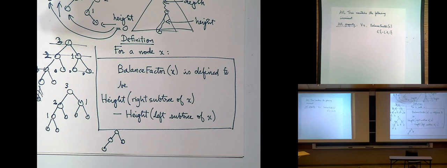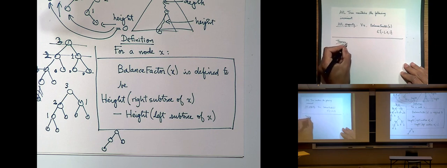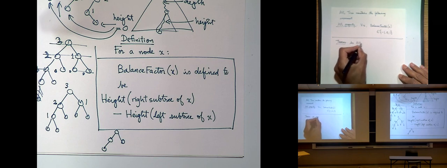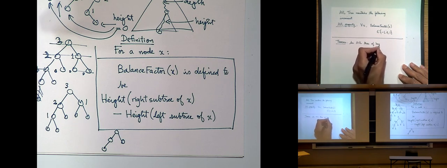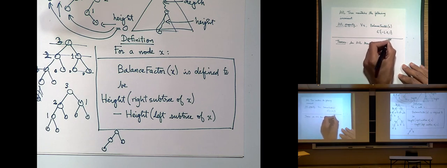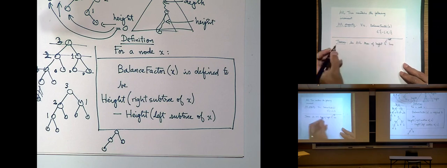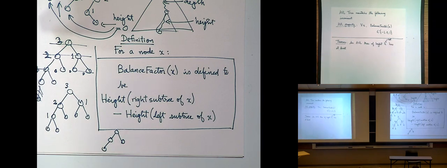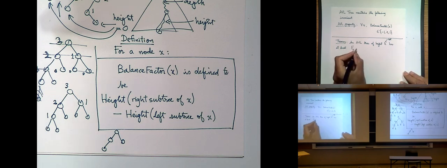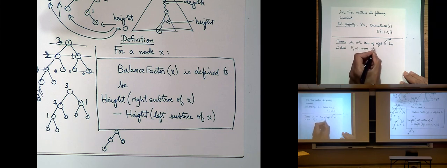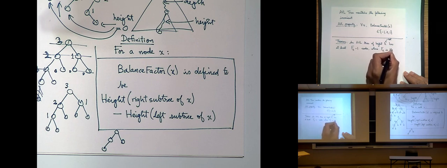This is not entirely obvious, so a theorem: an AVL tree of height h, measured from the root, so an AVL tree where the root has height h, has at least F of h minus 1 nodes, where F of k is the kth Fibonacci number.